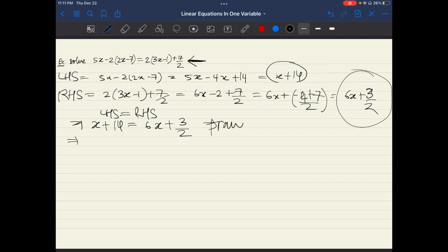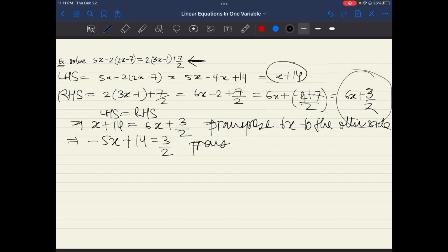Transpose 6x to the other side, minus 5x plus 14 equals 3 over 2. And now transpose 14 to the other side.